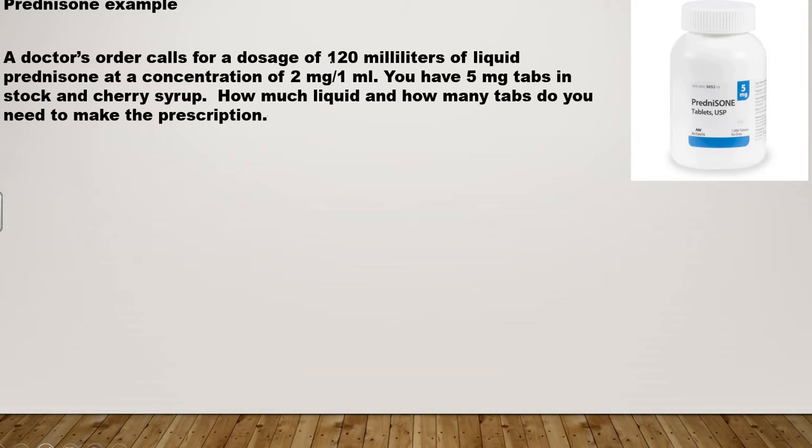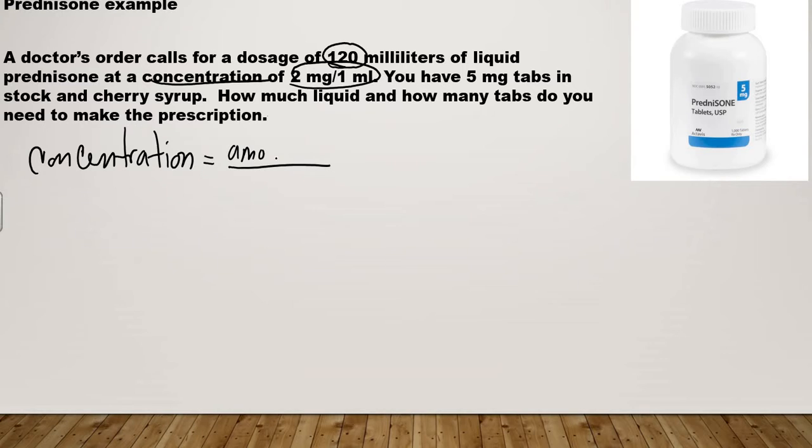Okay, so first off, here's the key factor, that concentration. A concentration in your setting most often is going to be the amount of stuff inside a liquid.